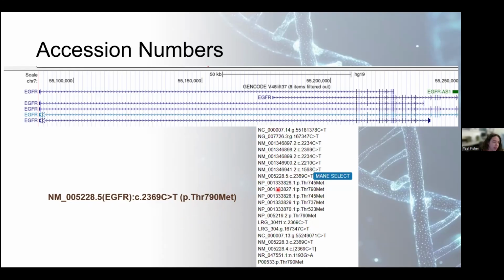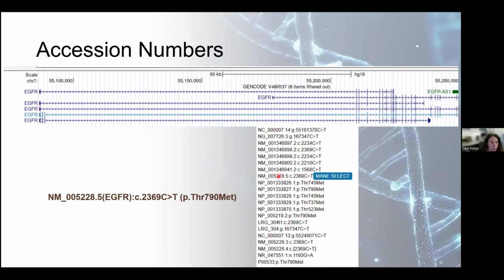And in different transcripts, we're looking at the NM. So this encodes the coding spot, and you can see that it can be in different transcripts and different numbers. Okay, so we have the MANE Select is 2369, but in a different transcript, this might be 1568.